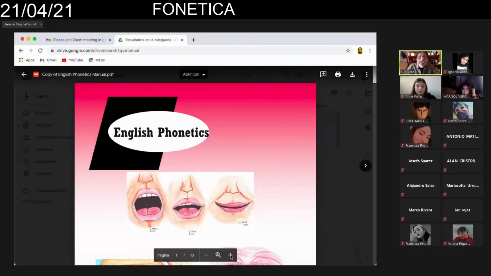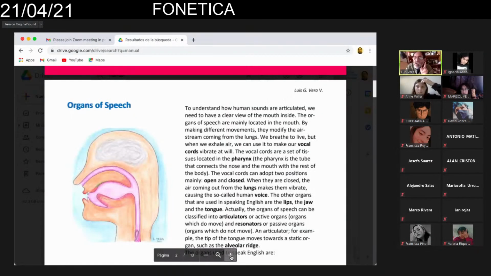Okay. Now you will understand these explanations, right? Because they are too technical. This first one talks about the organs of speech. And remember that it's very essential for you to learn and memorize forever, for the rest of your life, all the names of the organs involved in making the sounds of the English language.